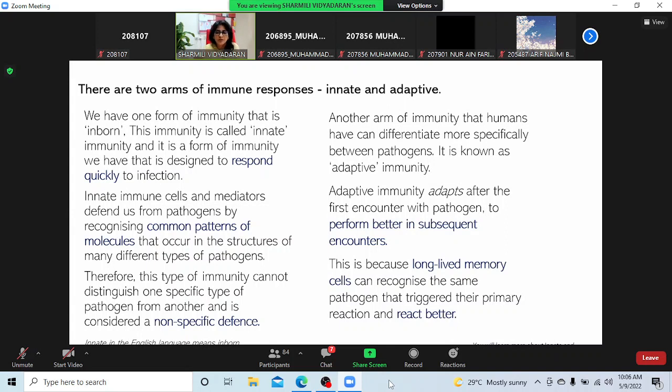In immunology, what we mean by memory is the first time your immune system meets a pathogen is the first time. If it meets that pathogen a second, third, fourth time, your immune response will be better and faster. That's what we mean by immunological memory, and it's your adaptive immune system that has the memory.